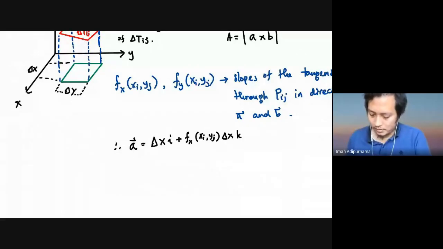All these terms we can write as delta A.